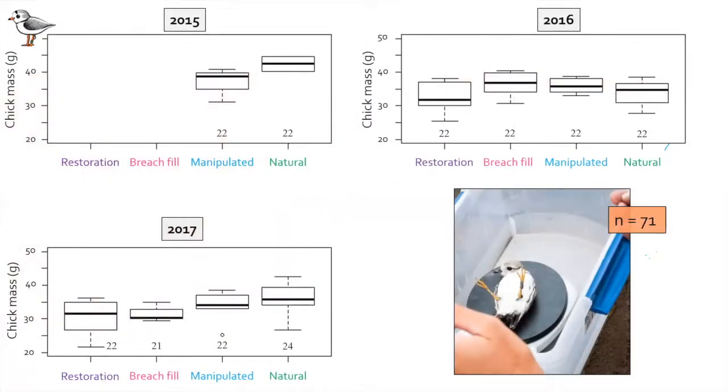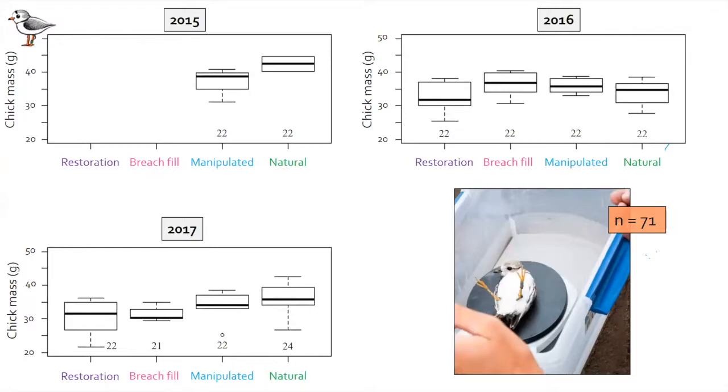And then for chick condition, here I'm just showing you essentially the variability between years. So each year has its own figure with the habitat type along the x-axis and chick mass along the y-axis. And this number that's above the habitat type just indicates the mean age at which we recaptured those chicks within that habitat type.